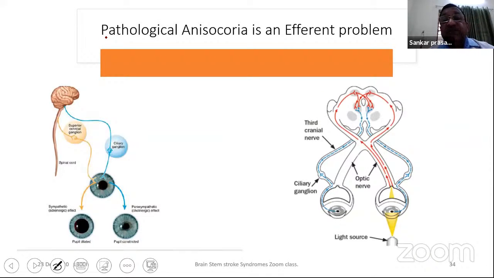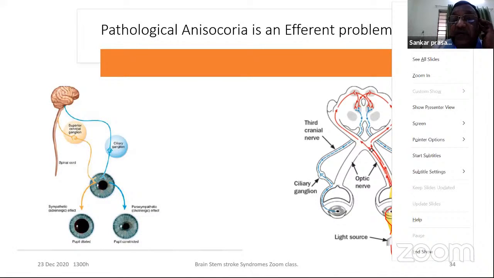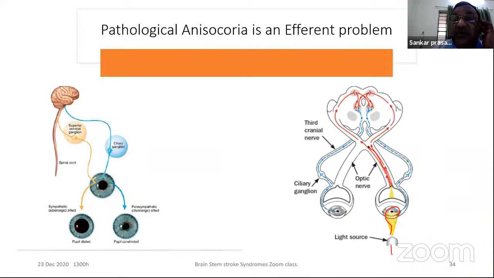Suppose this individual has an anisocoria, that is, pathological anisocoria is an efferent problem. You show some light into the eye, the light travels to the optic chiasma, it bifurcates, it goes into the Edinger-Westphal nucleus and supplies on both sides, but you see the efferent is separate.